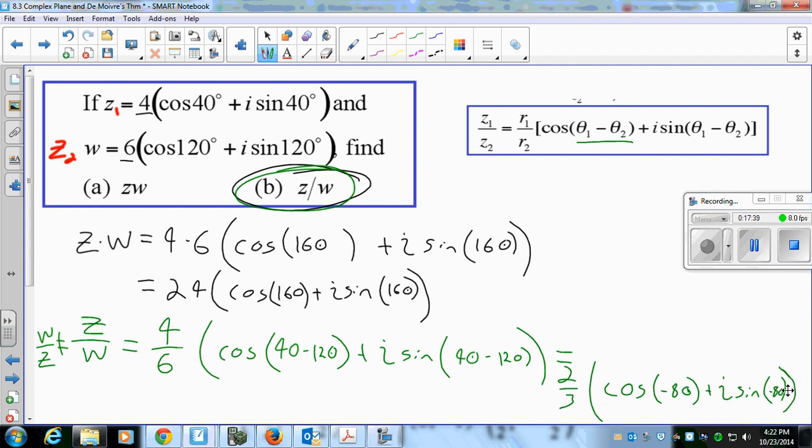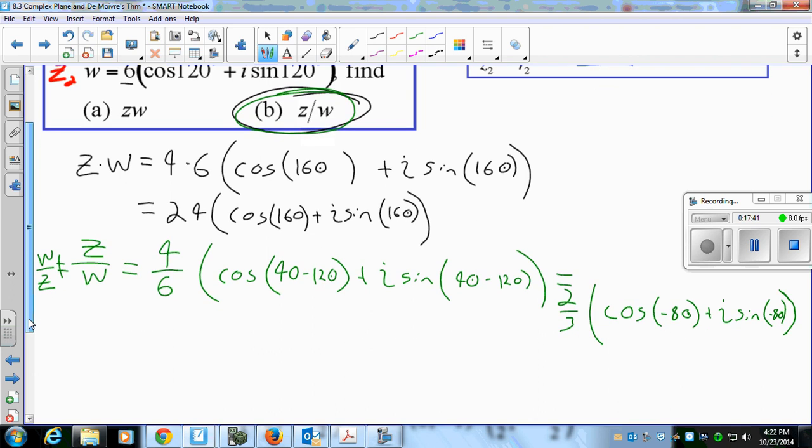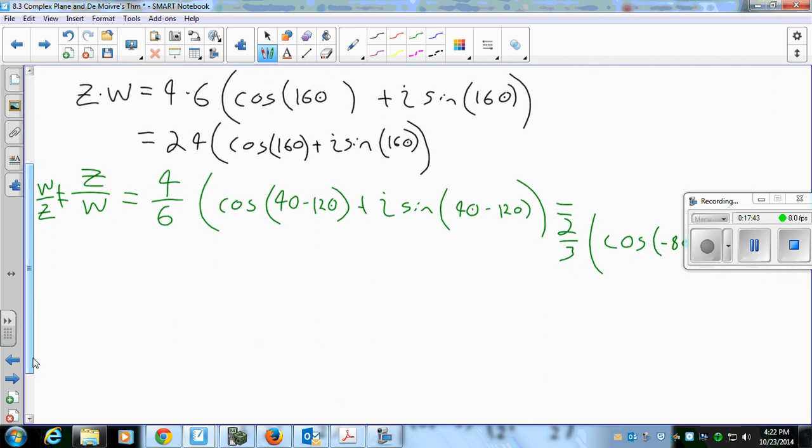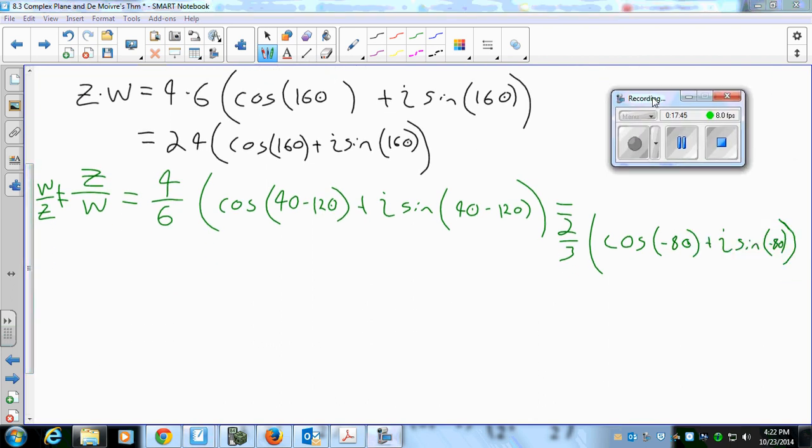And that is an appropriate answer, a good answer, not a great answer. The answers in the back of the book we're going to recognize will always be on an interval from 0 to 360 degrees. So this is an acceptable answer, but if we're checking the back of the book, we want to make sure we understand that negative 80 degrees is down here.